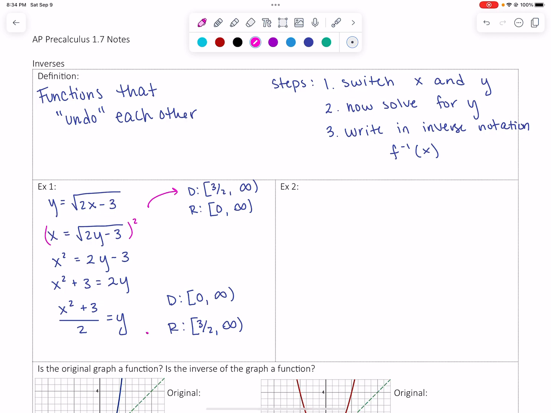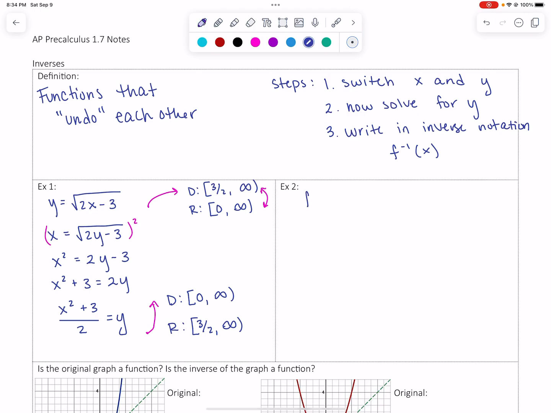So it would look something like this, which would be the inverse of our original function. So as a reminder, you want to flip those for your inverse, making sure that you're paying attention to your domain and ranges.